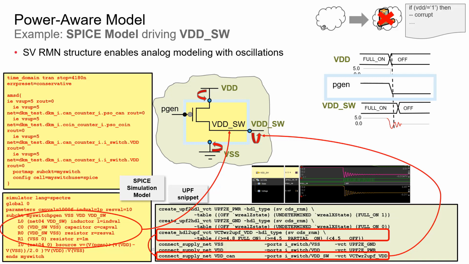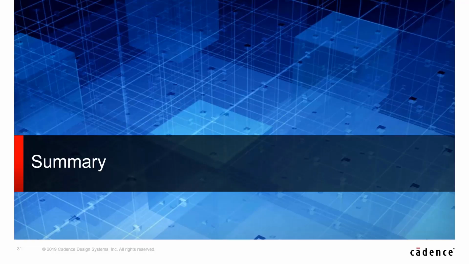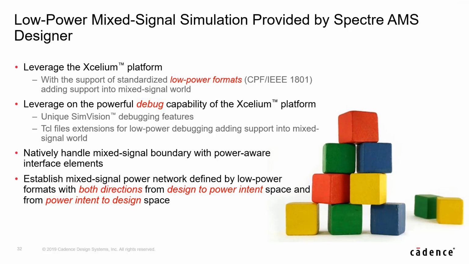So the goal of the presentation, as a summary, was to show you that from a standard topology that you have used in the Excellium platform, you can use the top of that low power format. This presentation was in 1801, but you could also use CPF, just because it's another supported format.